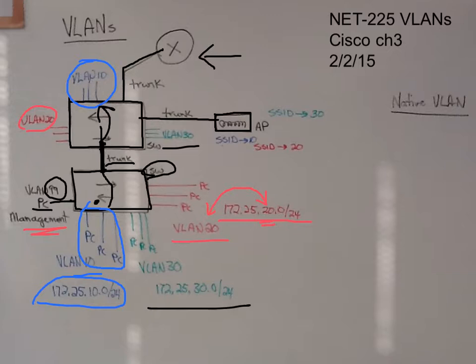The PCs really don't realize they're on any particular VLAN. They wouldn't be able to realize, because nothing gets tagged until it moves through a trunk internally. And it wouldn't have to be. In here, these are all kept separate.